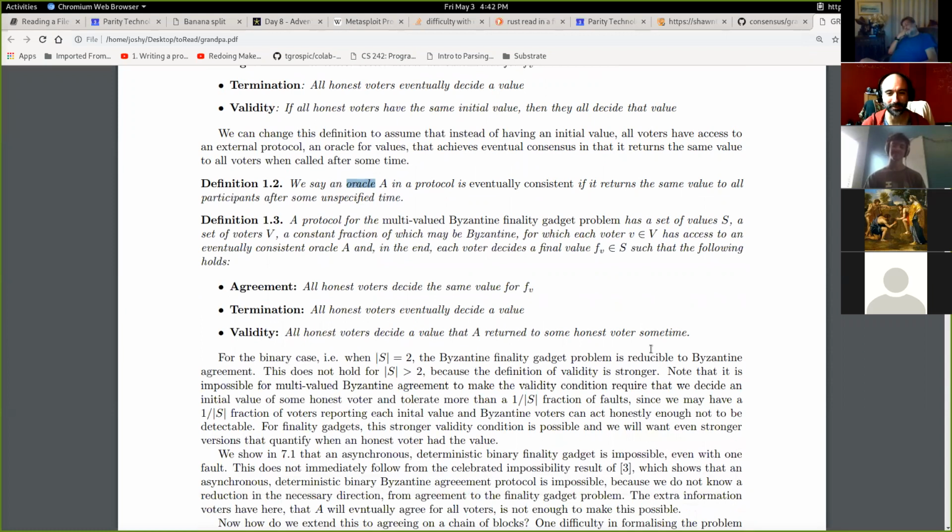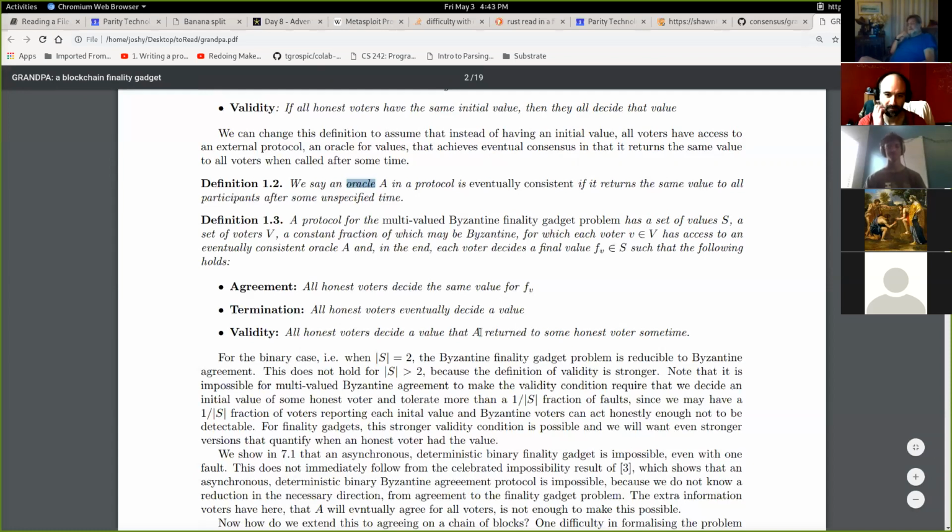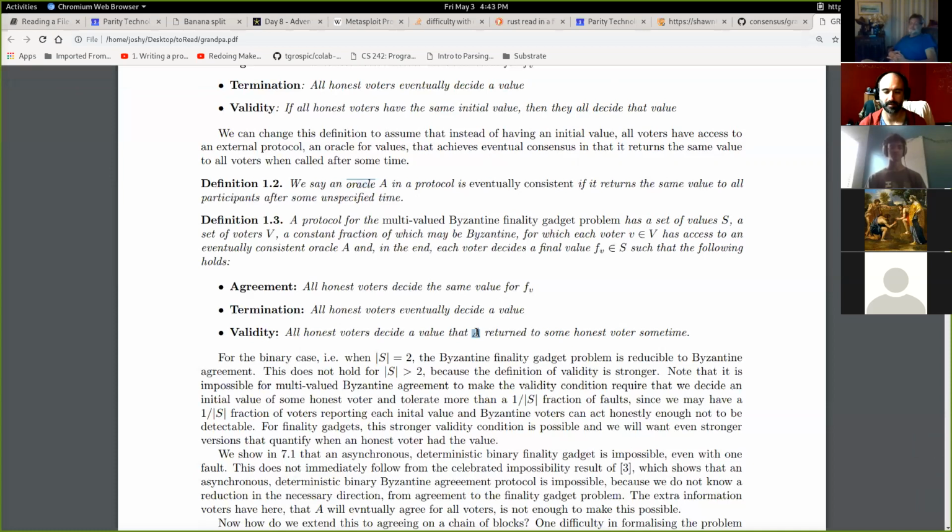So you ask the Oracle for an initial value, right? You as a voter. Yeah. The Oracle gives you something, but you don't know if this is the correct value or not. I think that's right. I'm thinking of this as, when we query the Oracle, we're basically saying, hey, proof of work thing, what's the best block so far?